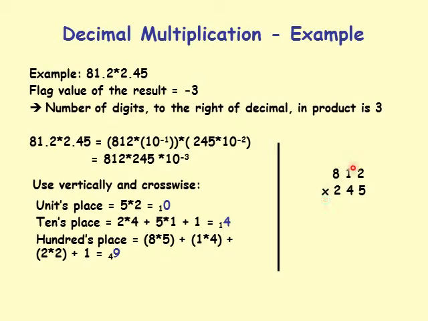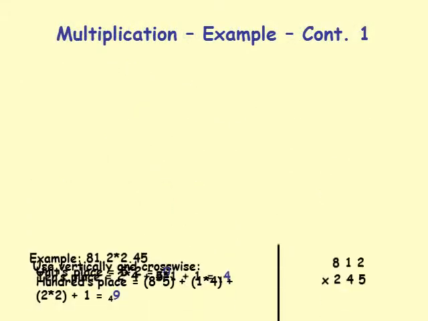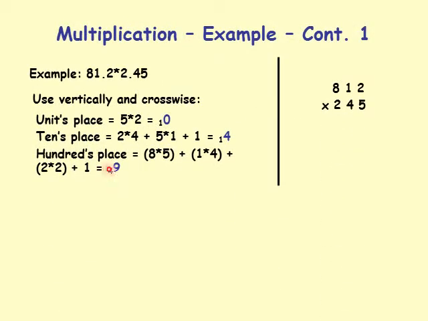The hundreds place is that product plus that product plus that product. Okay, 8 times 5 is 40, plus 1 times 4 is 44, plus 2 times 2 is 48, plus the carry, 49. So carry 4, keep 9.